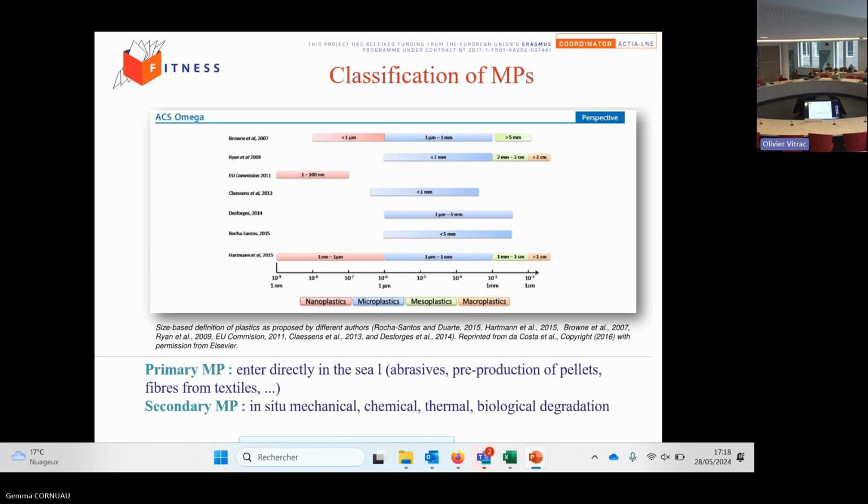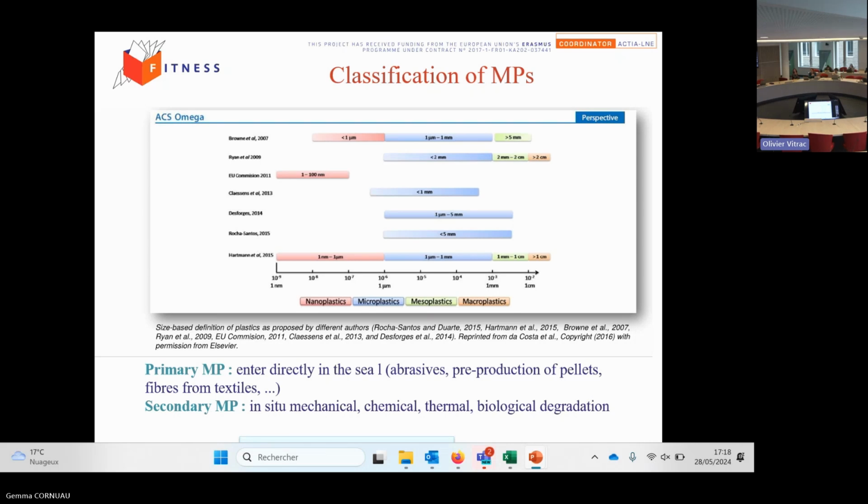And when it is smaller than 1 micrometer, then we are going into the field of nanoplastics. This is for the classification. It's just a very easy one with respect to size. Then we have two other things to consider. There are primary microplastics. Those are microplastics which are directly entering the sea or the environment.